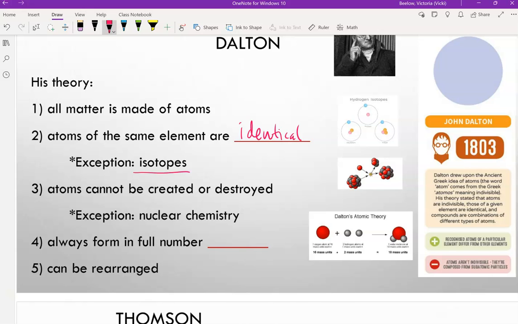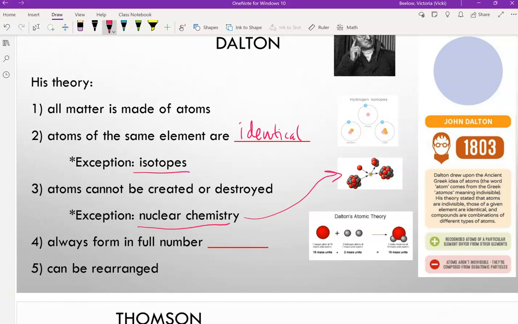He's stating the law of conservation of mass, that atoms cannot be created or destroyed. Again, kind of the exception is nuclear chemistry. Technically, you are breaking apart the nucleus. You're not destroying the protons or the neutrons. Rather, you're breaking apart the nucleus, which releases energy, nuclear energy, also a lot of radiation in that process.